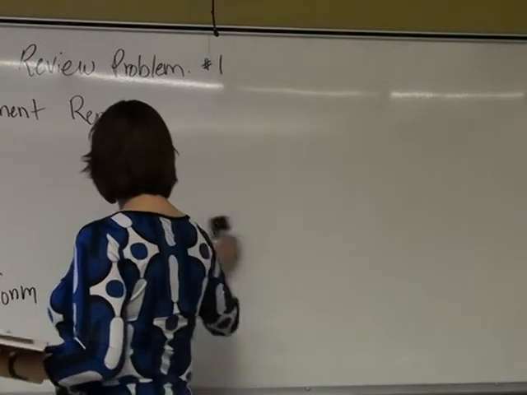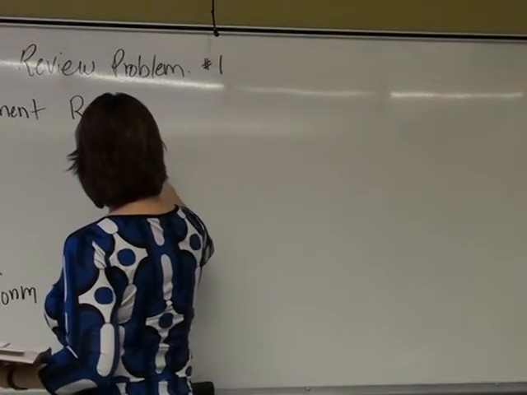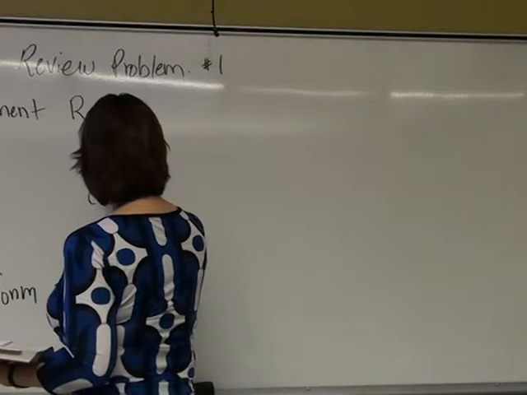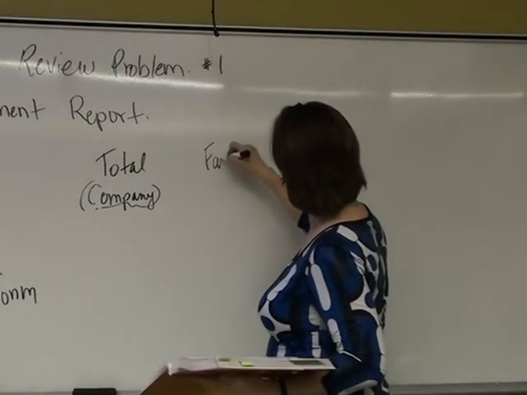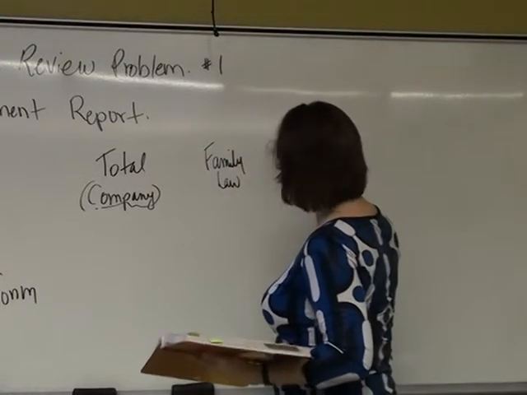They would stay, so if this is total, or you could put company or division or whatever it is that you're breaking up, and then here's family law and commercial law.